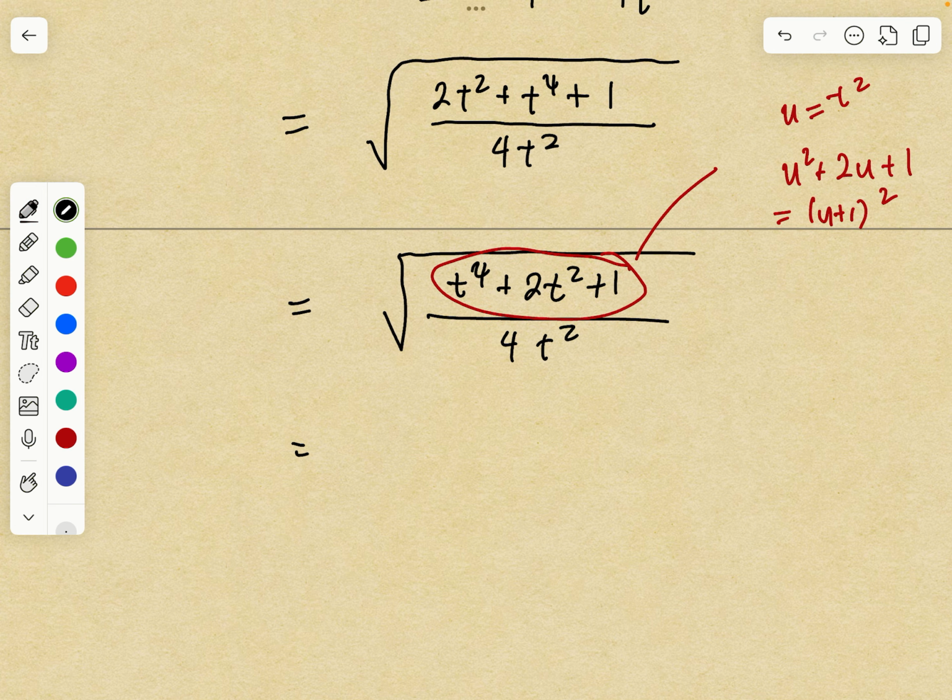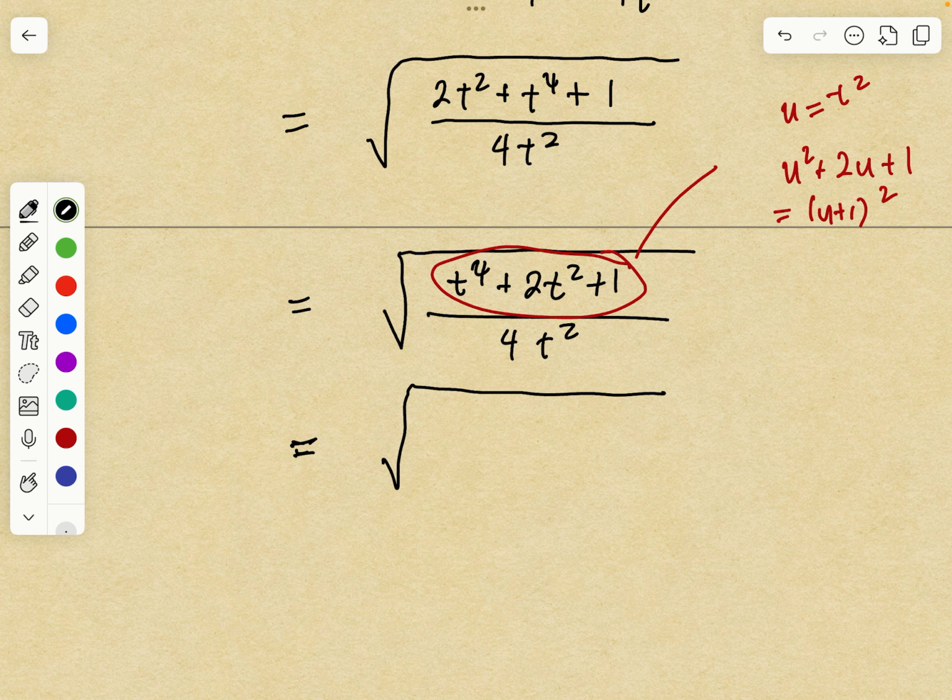So this is a kind of recognizing the pattern. And u is equal to t squared, and so this is going to be t squared plus 1 in parentheses squared. And then this is going to be over 4t squared. How can I write that as something squared? That's 2t in parentheses squared, right?